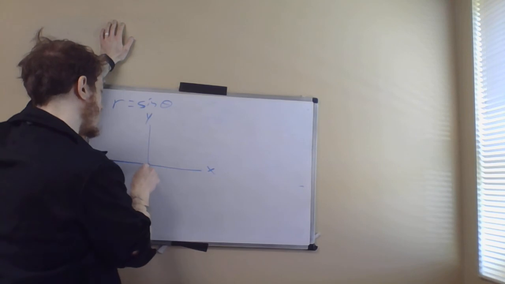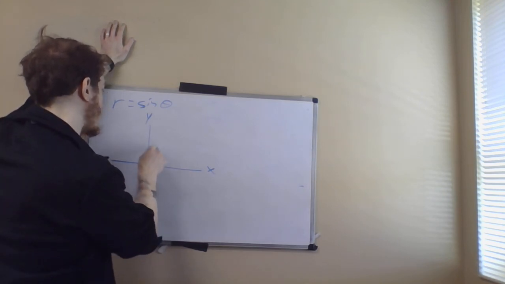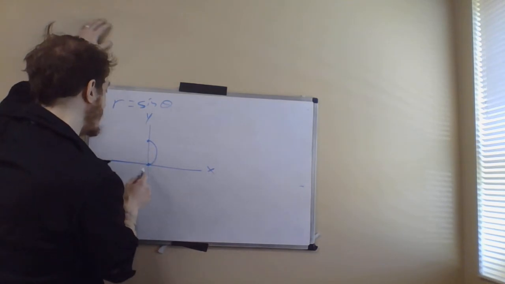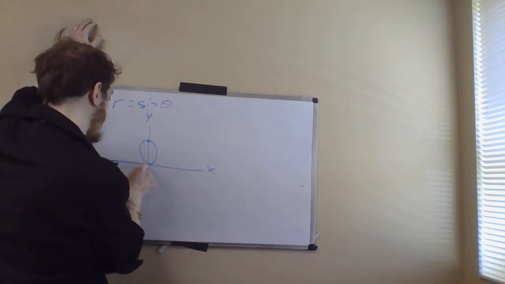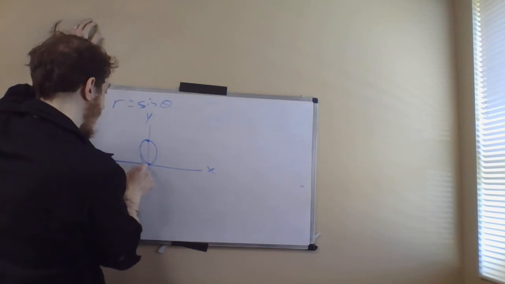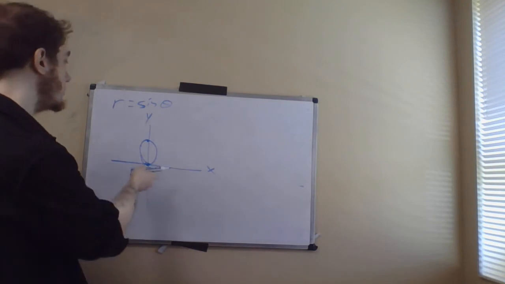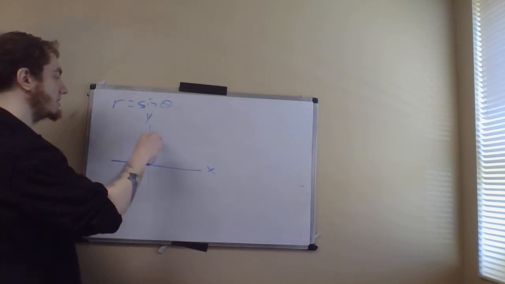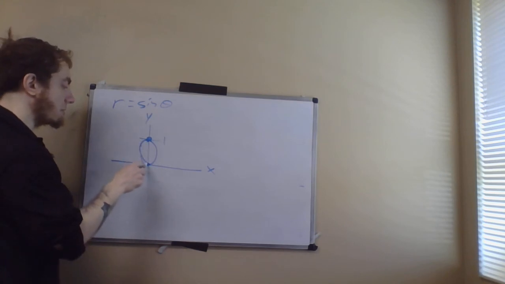the radius would start at 0. As the angle increases, we would come out to 1. But then, as the angle goes up to pi over 2, we would come back to 0. Sorry, not pi over 2. As it goes up to pi over 2, we come out to a distance of 1. As it goes up to pi, we come back down to 0.